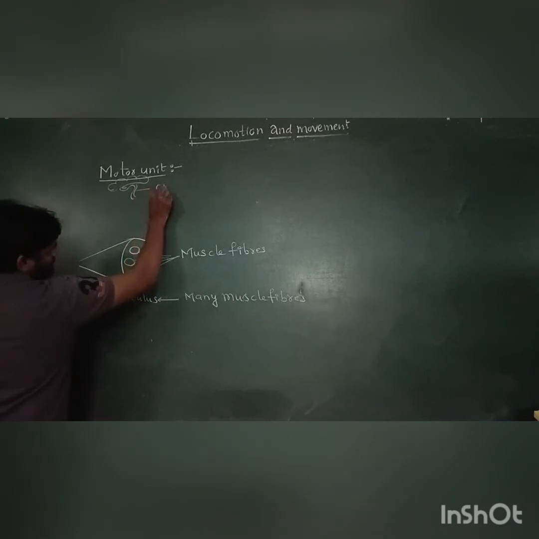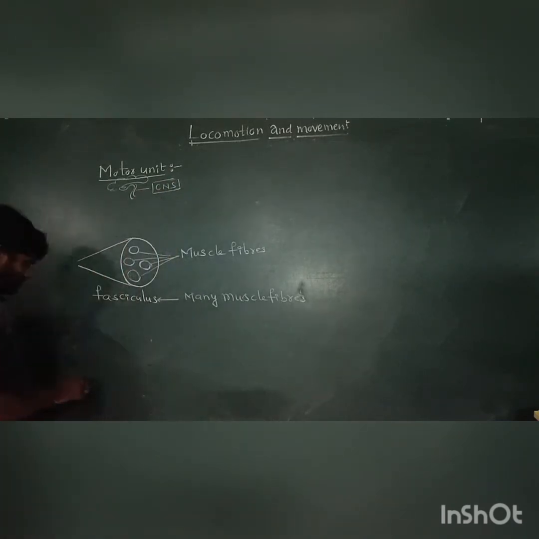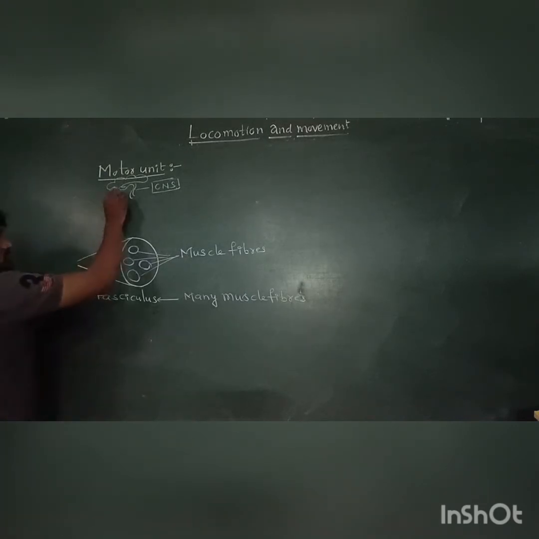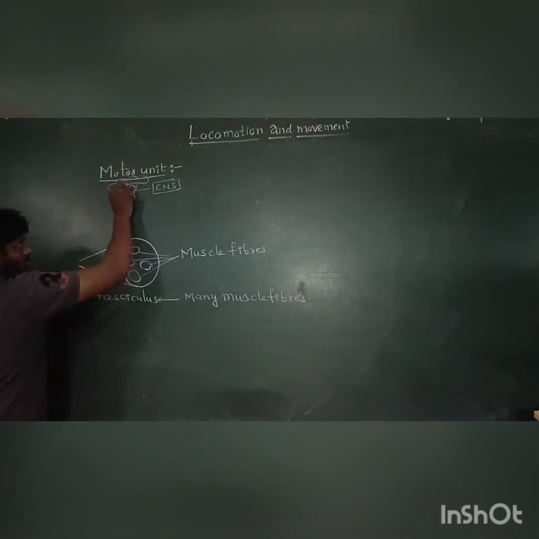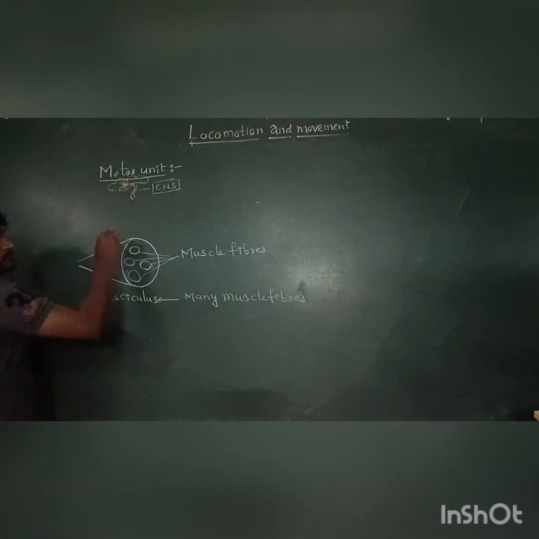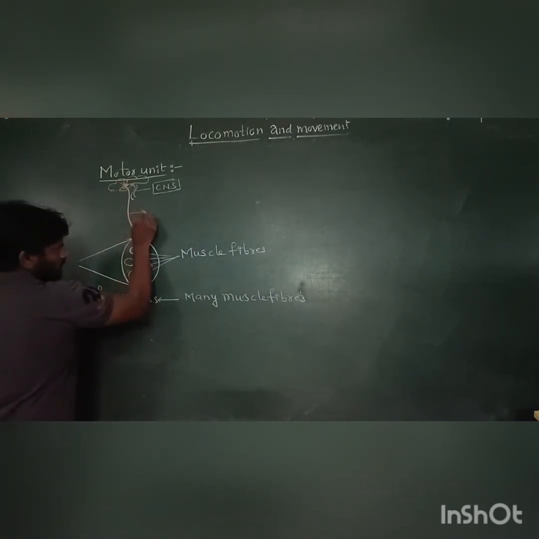So there is a gap between the nerve ending and the sarcolemma. If this is the nerve ending, these are called the synaptic knobs of the nerve.